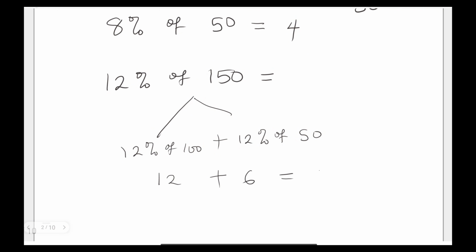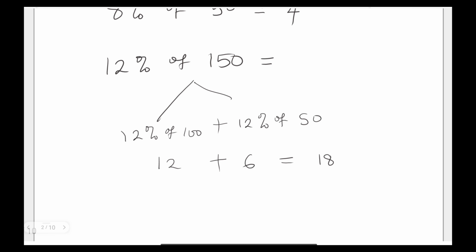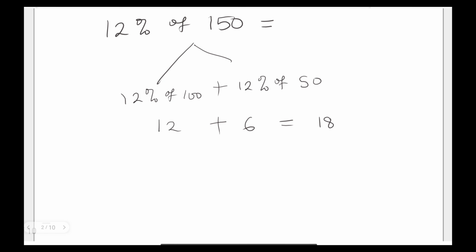So this will give us 18. So in generalization, it would be X percent of F, where F is a multiple of 50, is going to be X times the 100 part plus half of X.